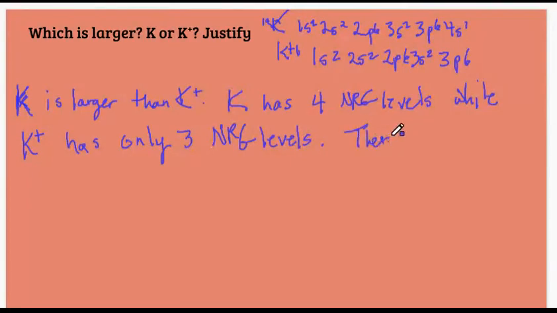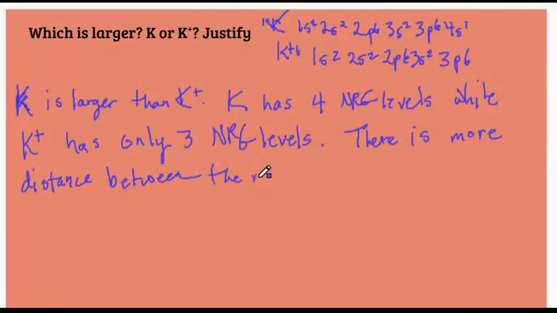This means there's more distance between the nucleus and valence electrons in K.